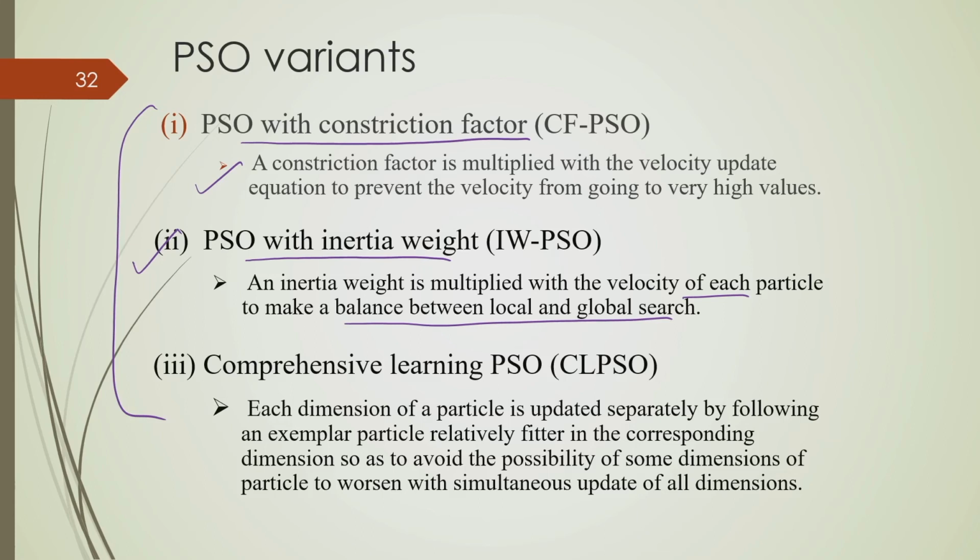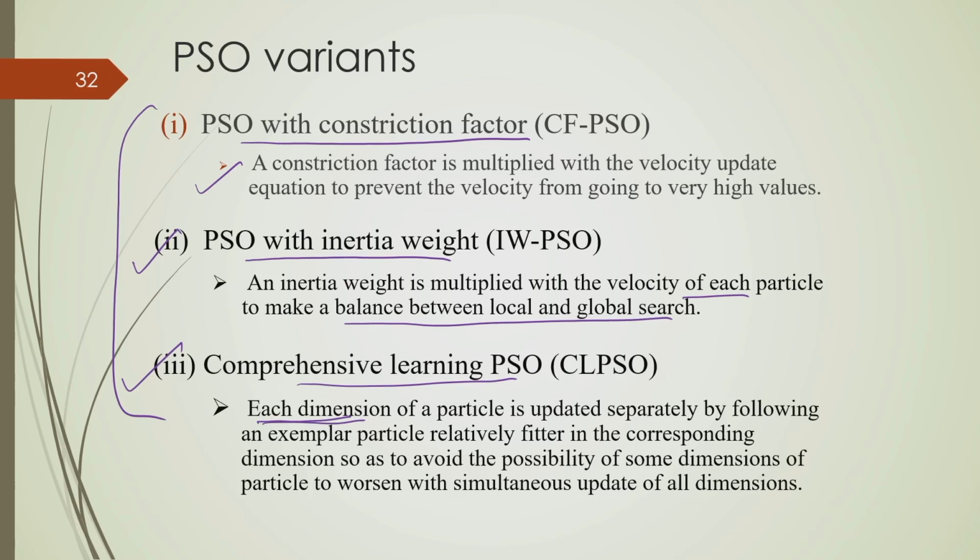Too much preference for the previous best will cause entrapment in local optima. So, in order to come out of that, we need some balancing of local exploration with global exploration. Similarly, we have another variant called comprehensive learning PSO, in which each dimension or each decision is updated separately.